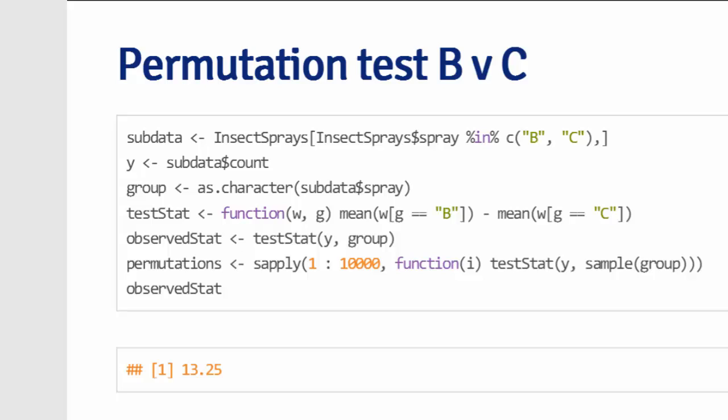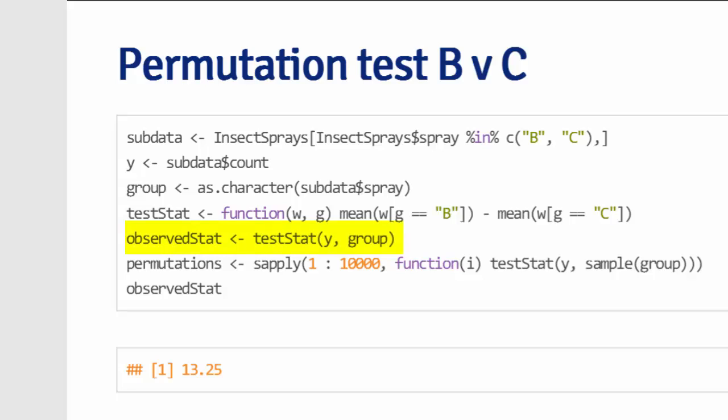In other words, my Y and my group vectors are perfectly lined up. So my test statistic is just the difference in the average number of dead insects from group B minus the average number of dead insects in group C averaged over batches.